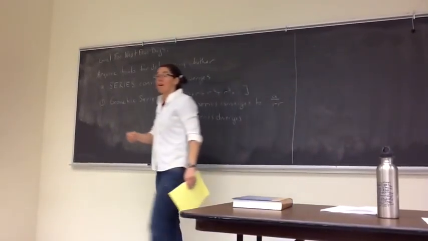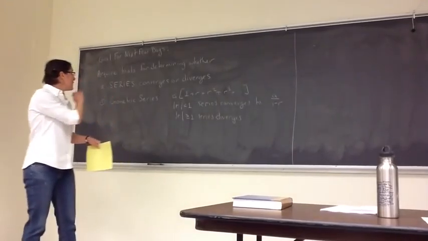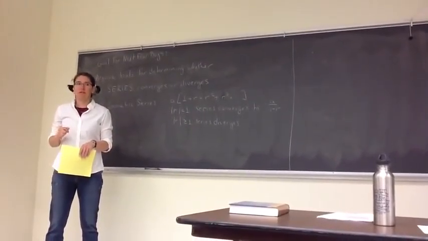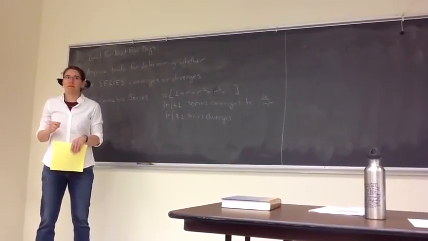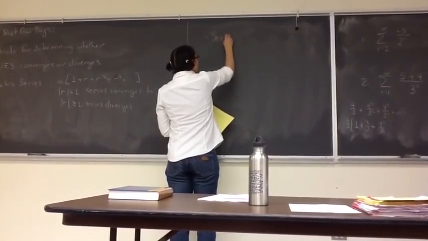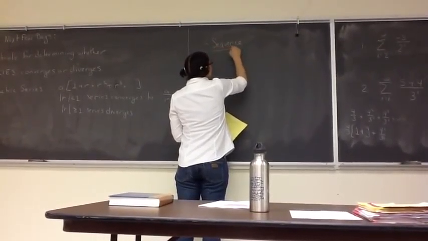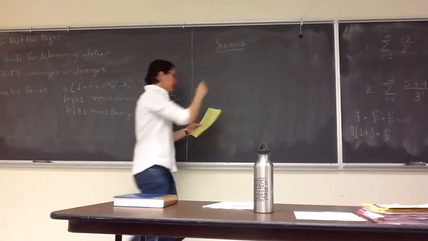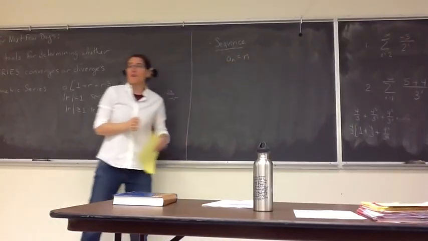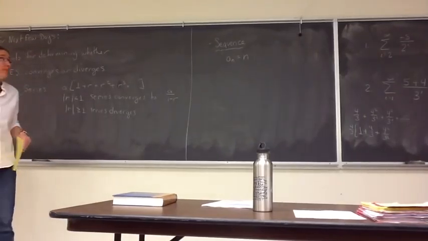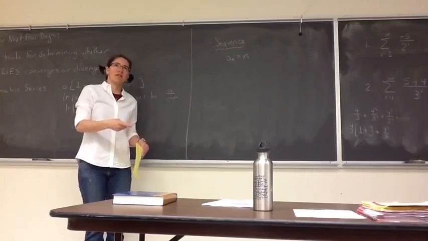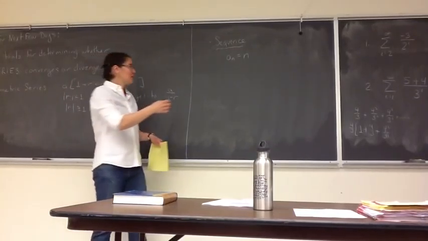Okay, so what I just told you was we're going to be focusing on series. So I'm going to start with an example that's a sequence. I want to look at the sequence a_n, where a_n is equal to n. When I'm talking about a sequence, I'm talking about a list of numbers with commas between them.